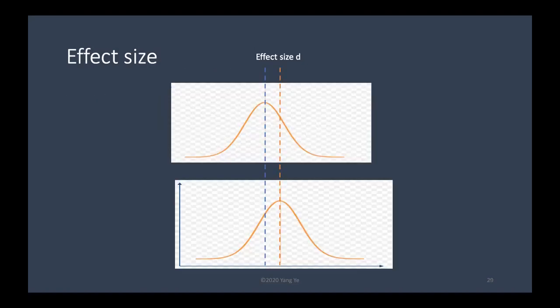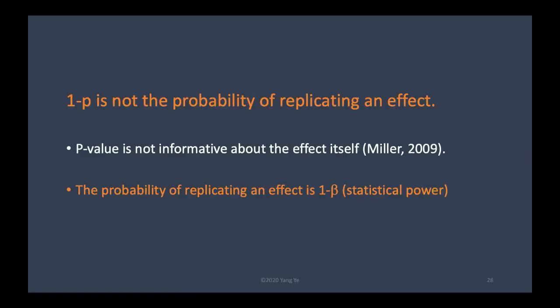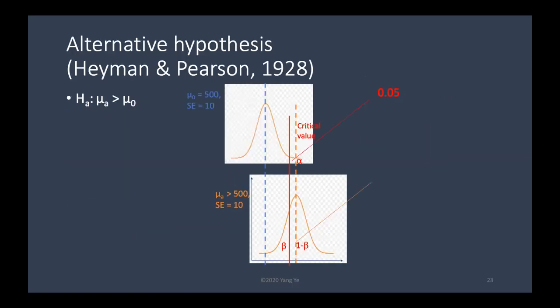The other thing before we go to power analysis is that, as I indicated earlier, if the sample size gets bigger, then it's more likely to find a significant result, because the standard error of the sample mean, the sample mean distribution, will become smaller and smaller. If you think about it, it's not hard to conclude that even if the effect size is very small, it can be significant at some point if you have a sufficiently large sample size.